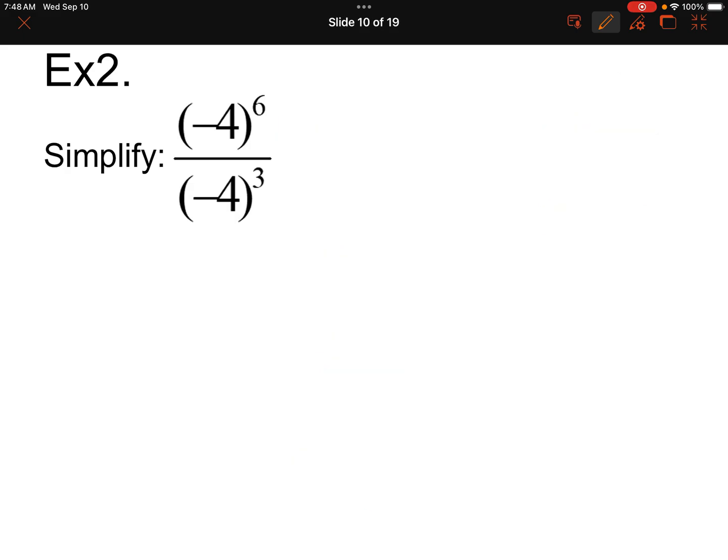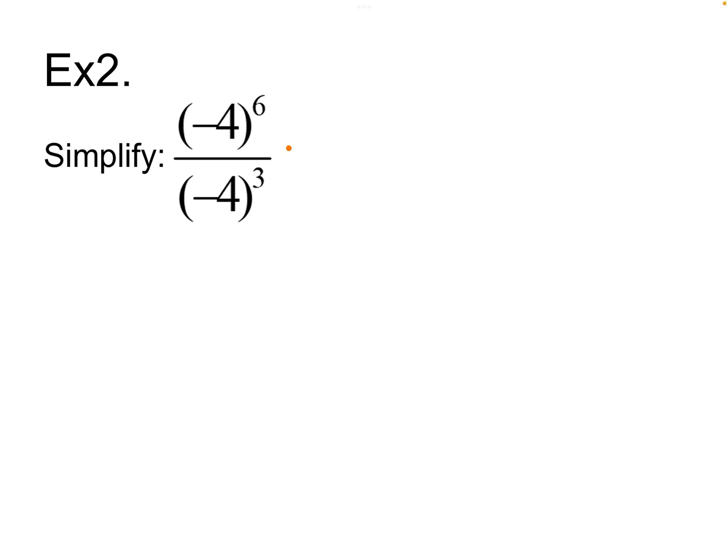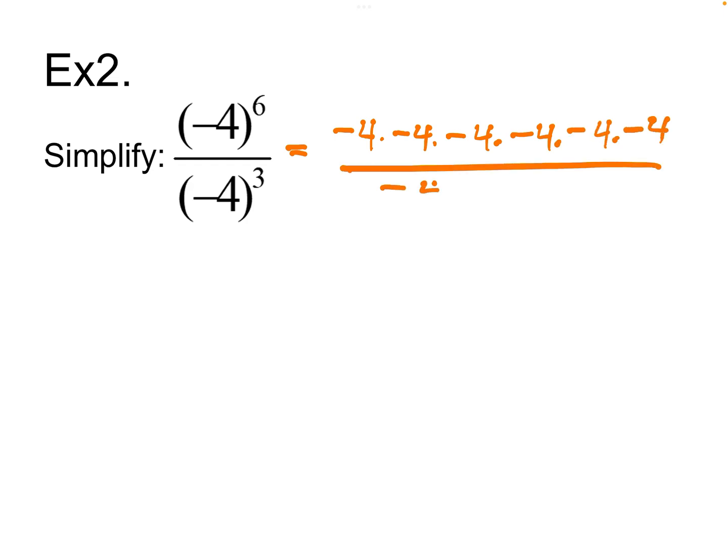If I have negative 4 to the 6th power over negative 4 to the 3rd power, again, that would be an even number. But negative 4 times negative 4 times negative 4, the bottom would be negative 64. The top would be 64 times 64, which would be in the hundred thousands again. So let's see if we can make this any easier. I would have 6 negative 4s over 3 negative 4s.